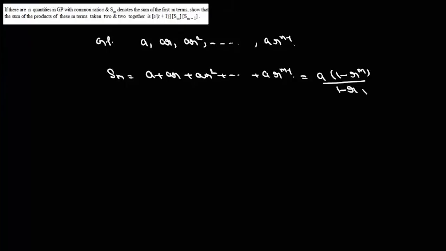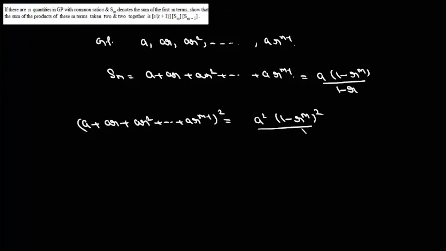Now we know that this Sm is a into 1 minus r to the power m upon 1 minus r. Now if we square both sides, we can write a plus ar plus ar square up to ar to the power m minus 1, whole square, and it is equal to a square into 1 minus r to the power m whole square upon 1 minus r whole square.